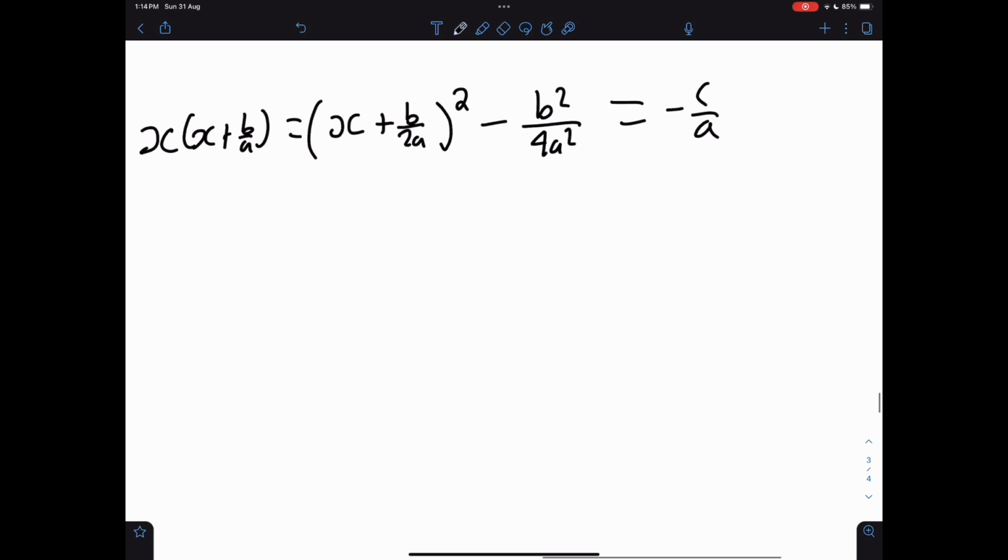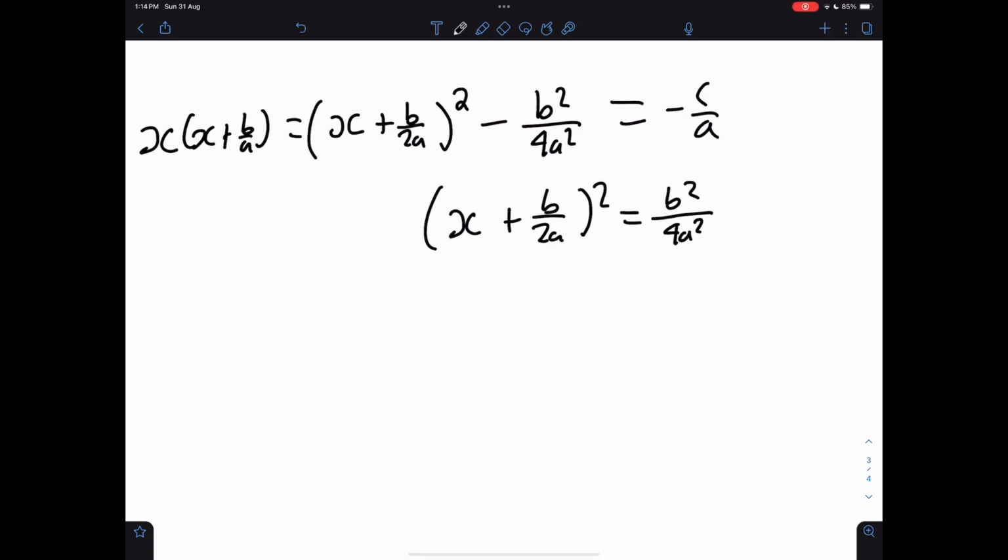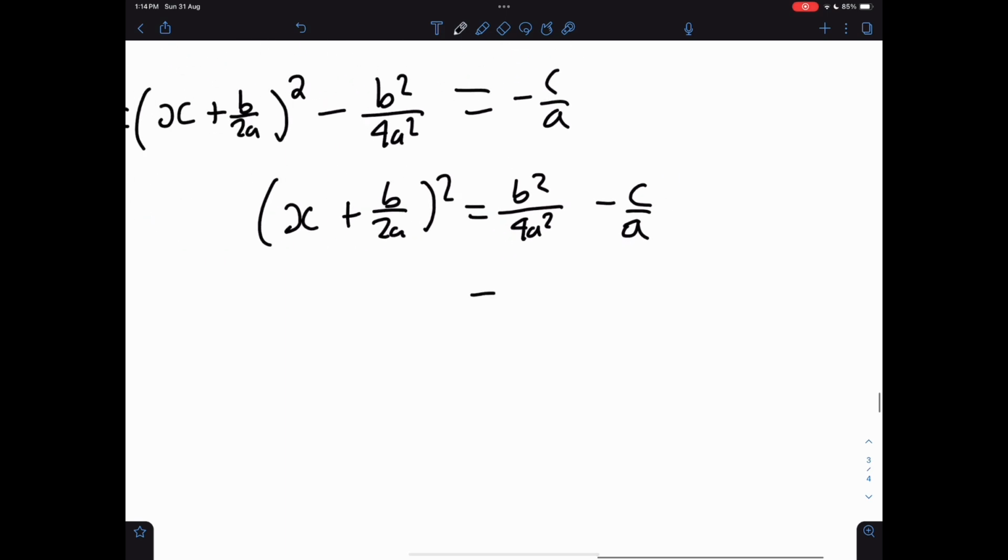So now we'll just move this to the other side. And we combine this into a singular fraction by multiplying minus c over a by 4a over 4a.